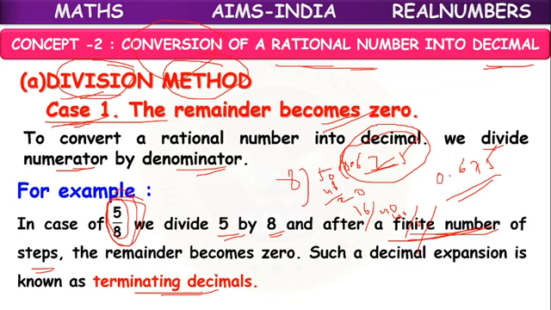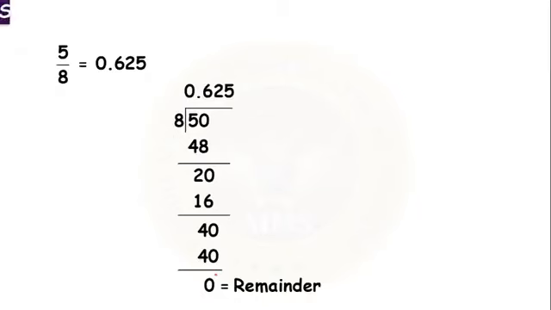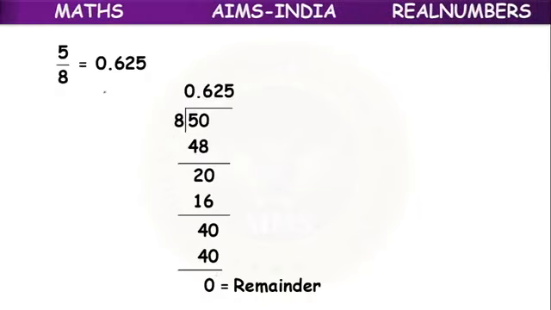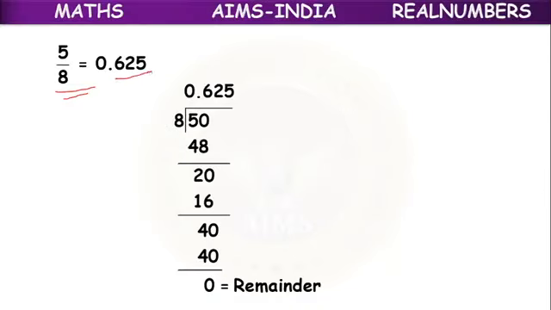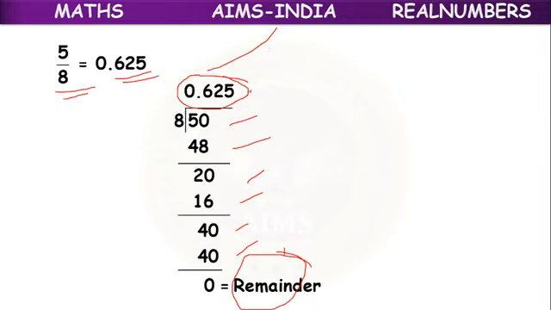After a finite number of steps, the decimal expansion will stop. Like this, 5 by 8 is 0.625. We can divide like this. The remainder is 0. 0.625 is the decimal expansion, so it is considered a terminating decimal.